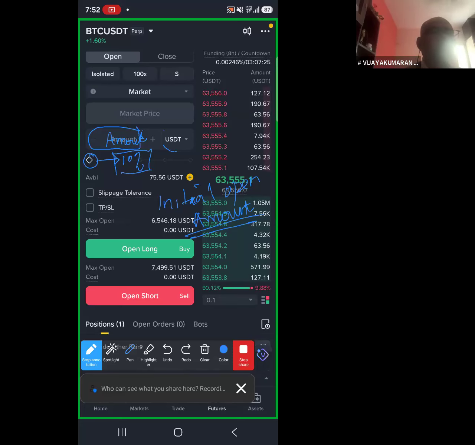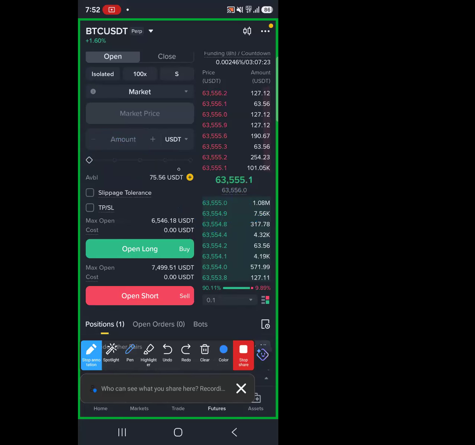So it means, in this case, this is your available margin. From this available margin, what percentage do you want? Is it 10%? Is it 20%? Such that when you choose the percentage here, the amount of USDT equivalent to this percentage from your margin would be reflected here.